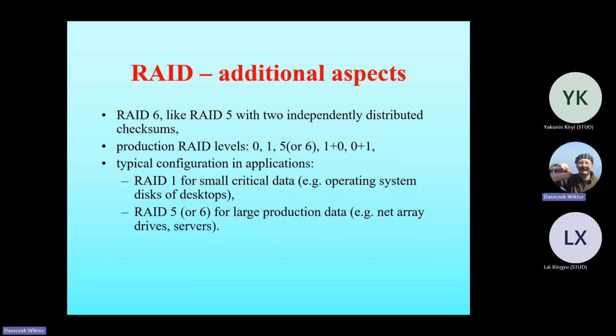We have also RAID 6 that does not differ from RAID 5, only the parity stripe is duplicated. So if we lose parity, we have a second parity. We can check if one parity does not give the given parity.